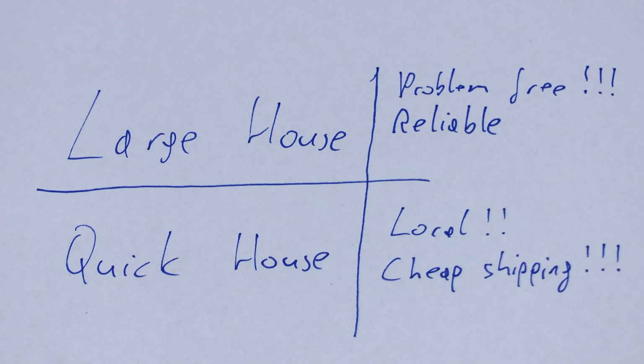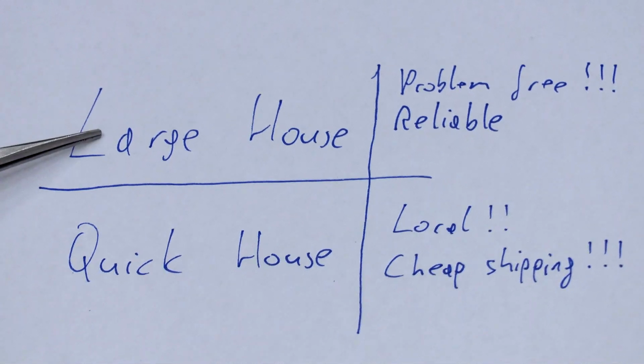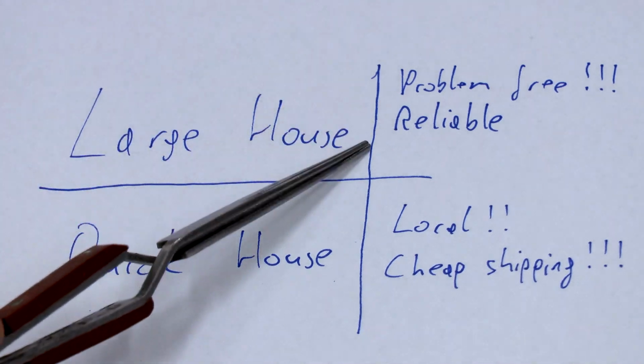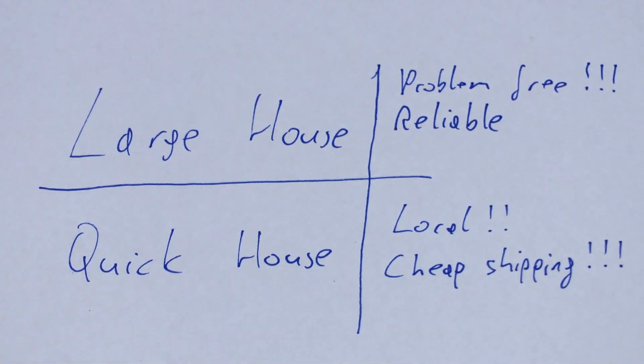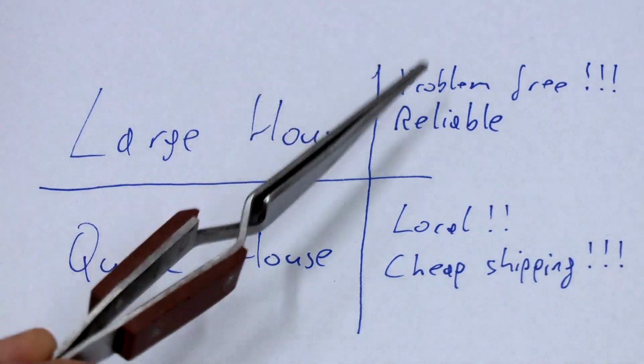And then, as the cookie crumbles, usually you end up with two distribution roles: the large house and the quick house. The large house is the house where you usually order your components and where you usually meet the minimum order quantity to get free shipping. In my case, this is Mouser. And with them, what's important?